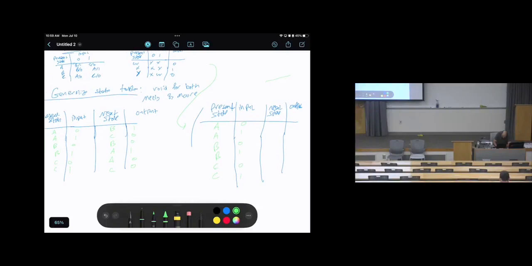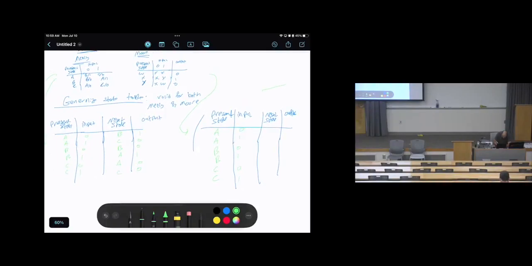So the next states, when the input is 0, I'm sorry, we should assume it W, X, Y, Z. W, W, X, X, Y, Y. With W input 0, it will go to Y. With W input 1, it will go to X. And the outputs both are zeros.